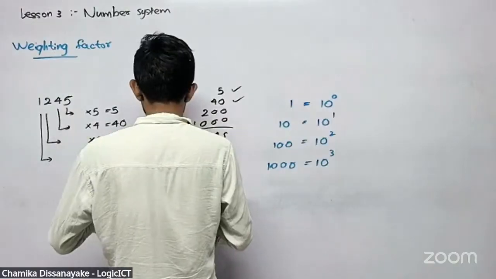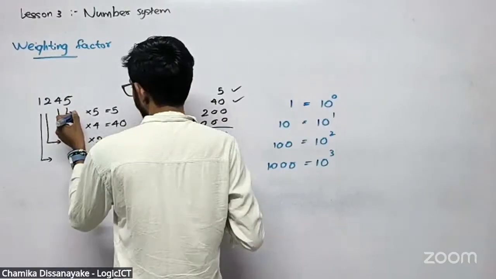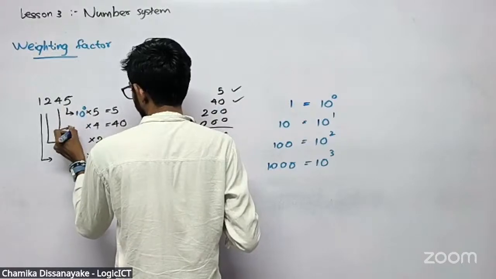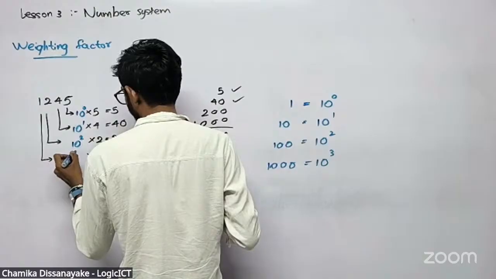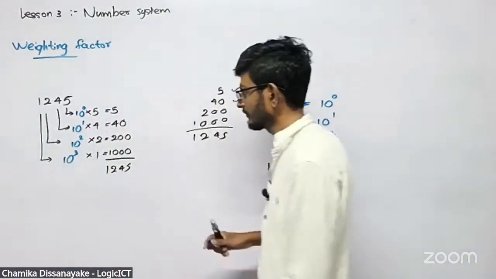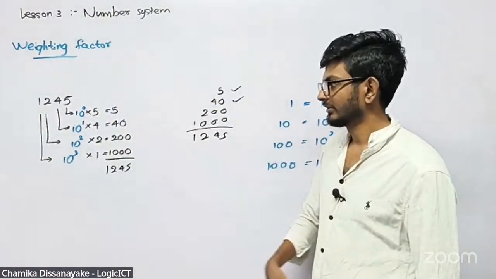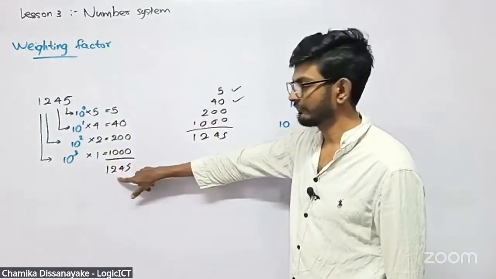Here, 10 to the power 0, 10 to the power 1, 10 to the power 2, 10 to the power 3. Then you can see how our number is formed.